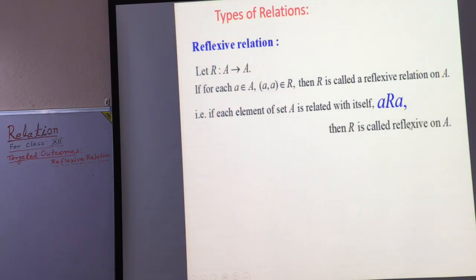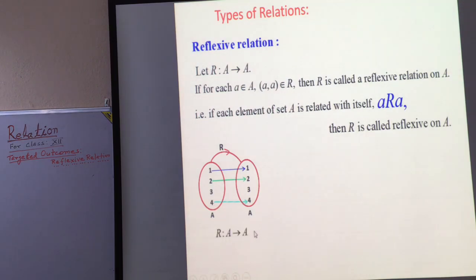Then R is called reflexive on set A. We will clear this definition by few examples. Consider this example. First see, it is relation or not. Necessarily it is a relation on A. A has 4 elements: 1, 2, 3, 4. Now observe this relation from A to A is reflexive or not.